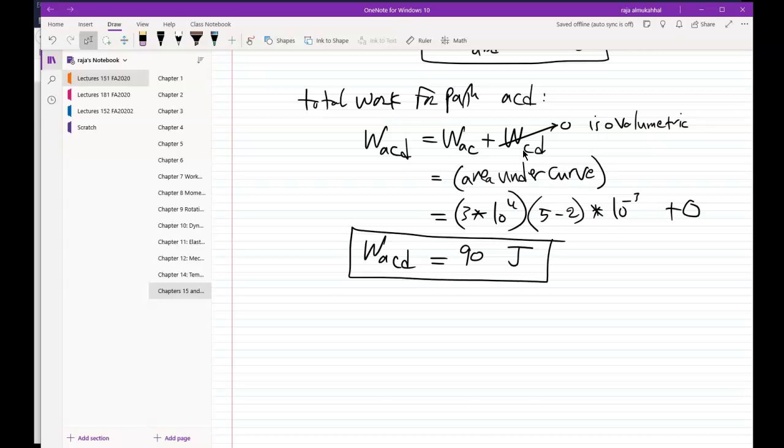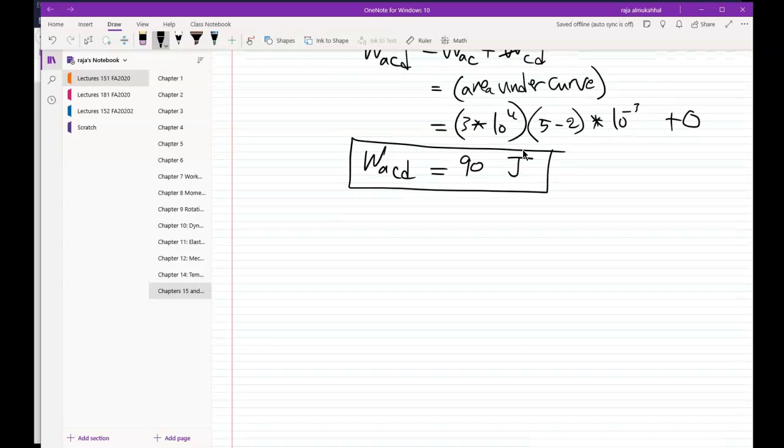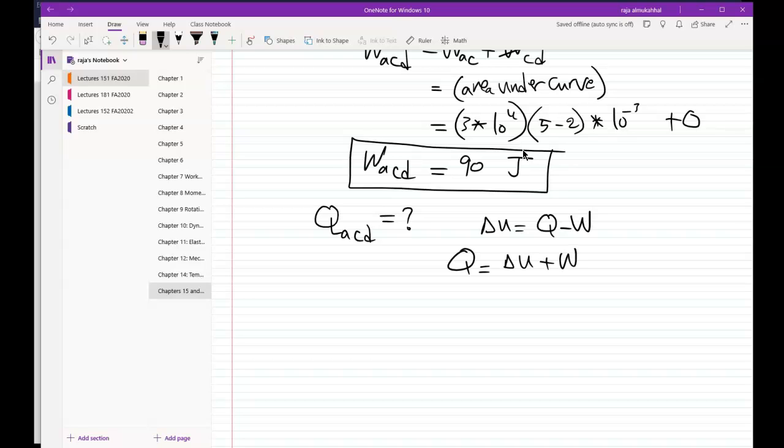Okay. So the last part: what is the heat added for the process ACD? In other words, what is this? Well, according to the first law of thermodynamics, delta U is equal to Q minus W. So in this case, Q is equal to delta U plus W. For our case, QACD is equal to delta UACD plus WACD.